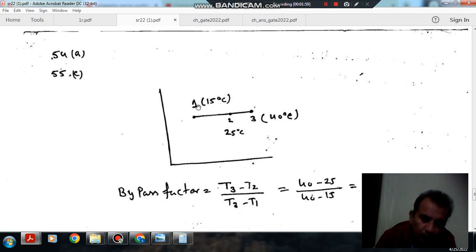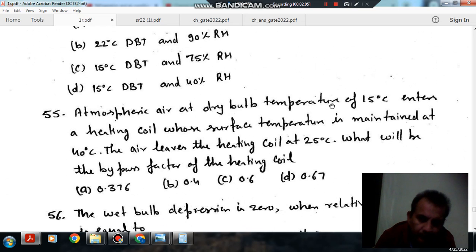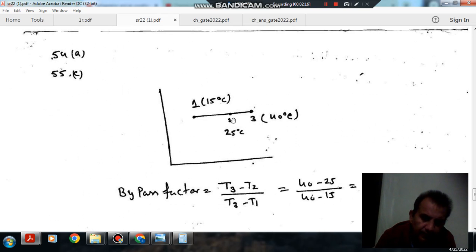The coil temperature is 40 degrees Celsius, and the dry bulb temperature of the air initially is 15 degrees Celsius. The temperature of the air leaving is 25 degrees Celsius.